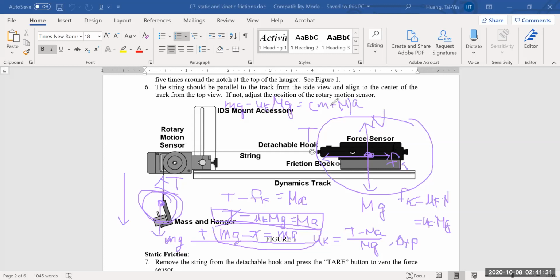Now our goal is to find mu k. So move this term to the left-hand side, move this term to the right-hand side. So you have the little mg minus little m plus capital M times the acceleration, and we're going to divide by the capital mg, and then you get your mu k.